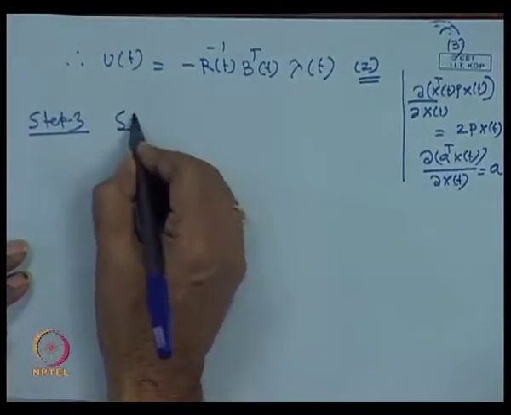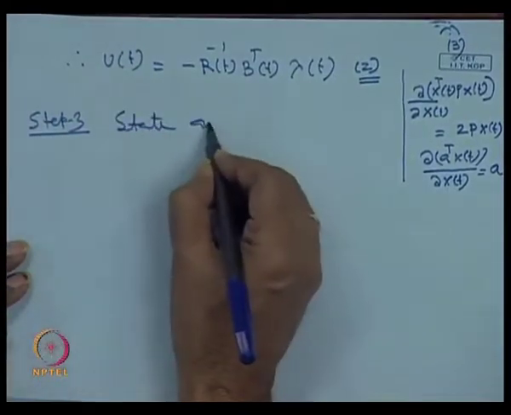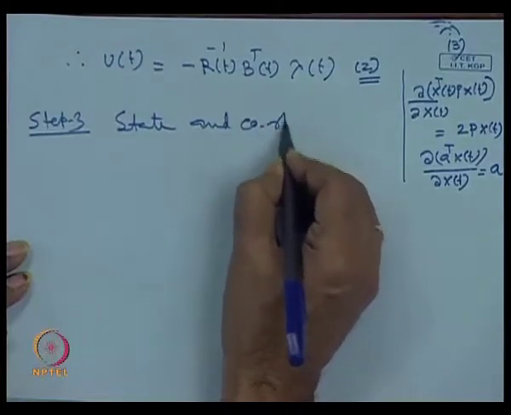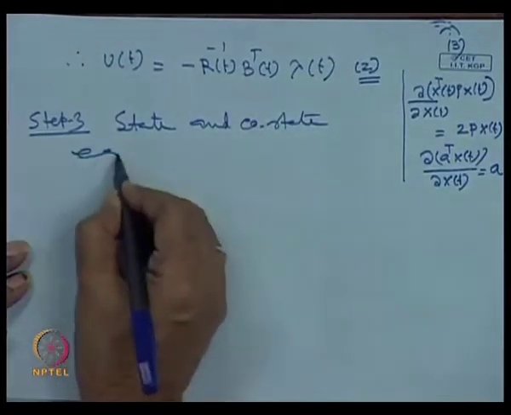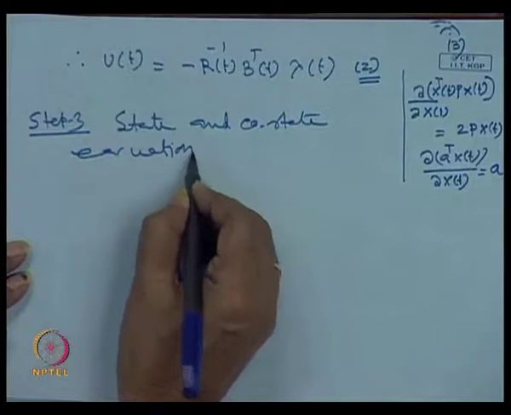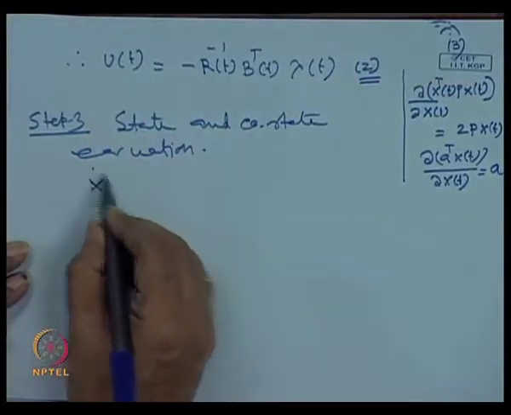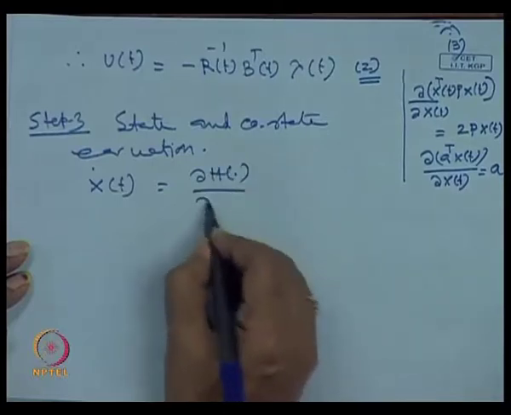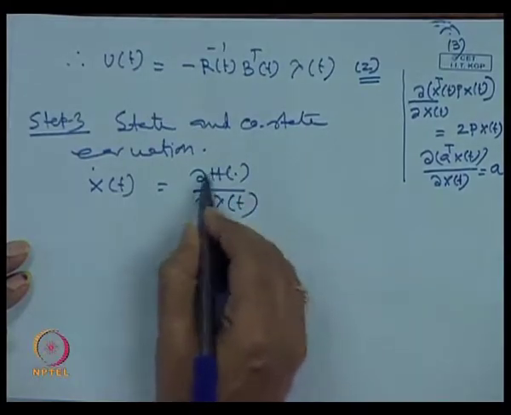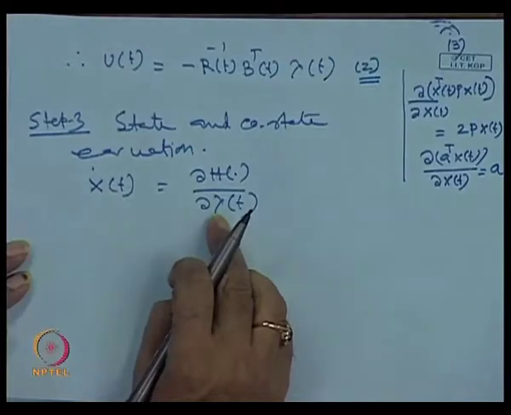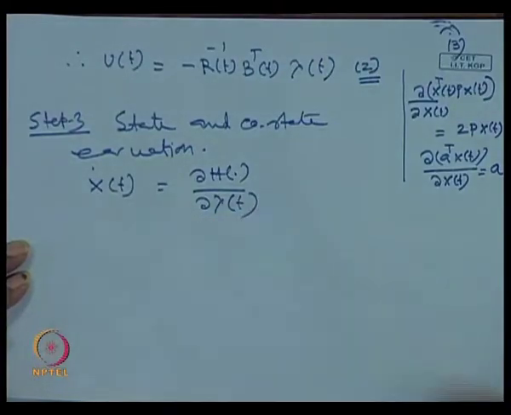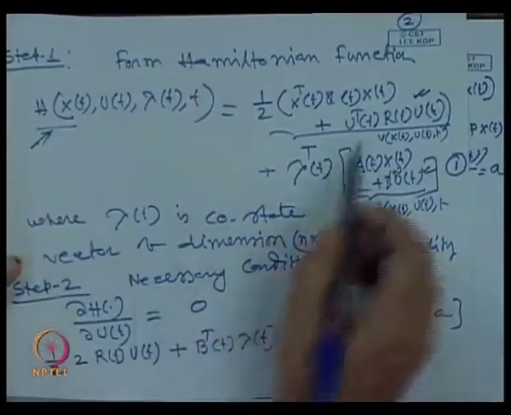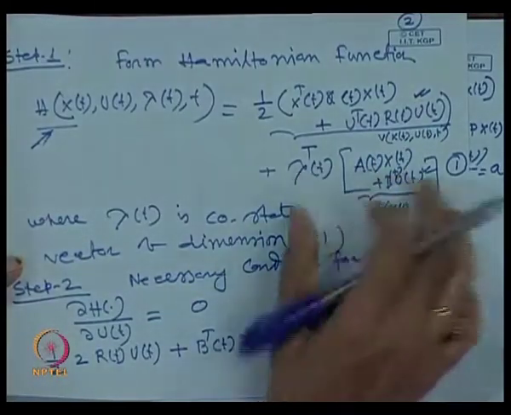the state and co-state equations are given as x dot(t) is nothing but del H del lambda(t). That means H is a scalar function, I am differentiating with respect to lambda vector. So, see this one, the lambda is associated with this one only, the second part.